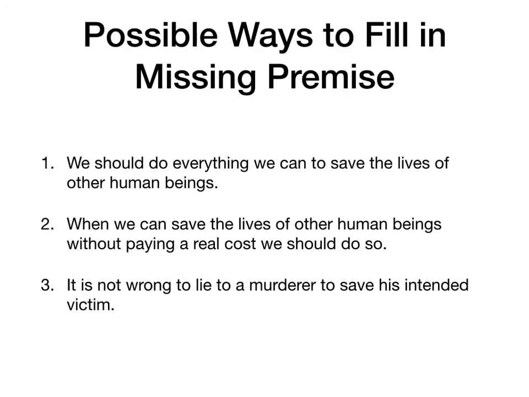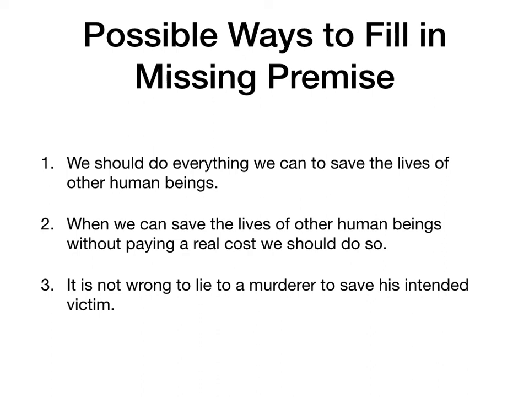One: we should do everything we can to save the lives of other human beings. Well, if that were true, then it wouldn't be wrong to lie to a murderer to save his intended victim. In fact, you should. If you need to lie to save the life of another person, you should do it. That would also make our argument work. But this is too strong, right?